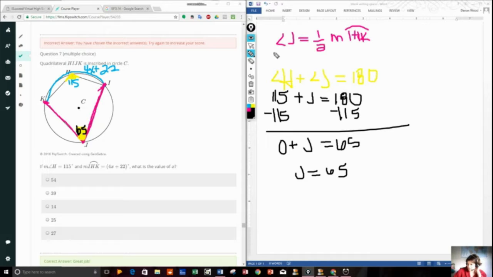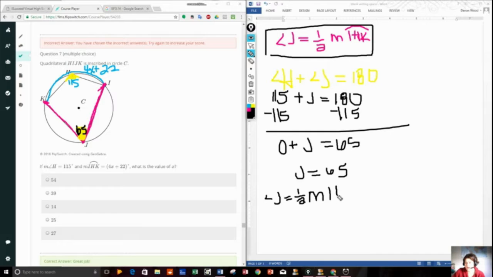Now we can jump up here and use this one. Angle J is going to equal 1/2 of the arc that it intersects, arc IHK. So angle J is 65, and that's going to equal 1/2 of the measure of IHK, which is 4x plus 22.